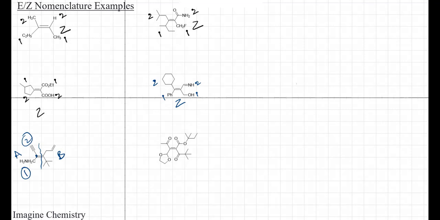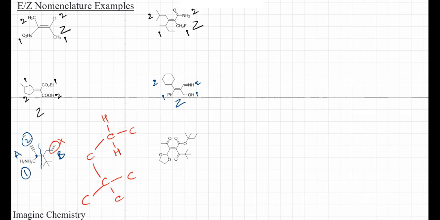The B part of the molecule is very simple. This carbon is directly attached to two hydrogens and one carbon, whereas here it is attached to three carbons. So you just look for the first point of difference, and this alkene bond does not matter at all. So for the upper group, there's carbon, carbon.